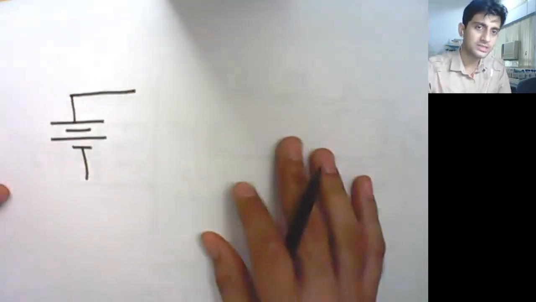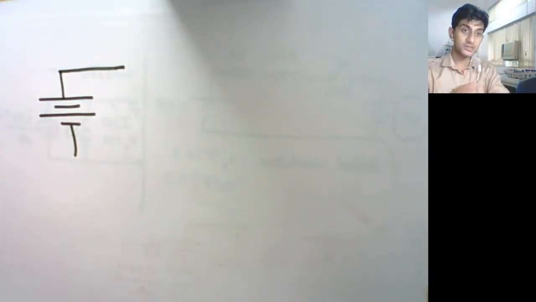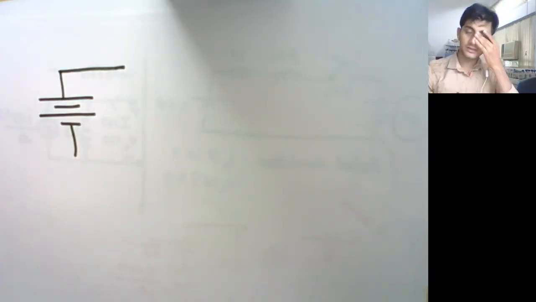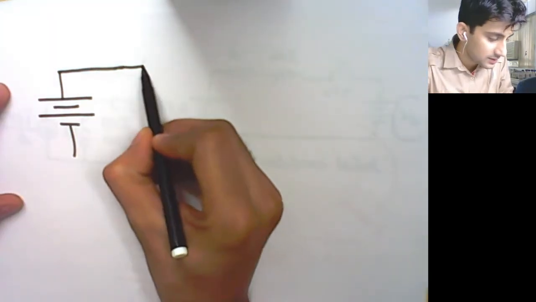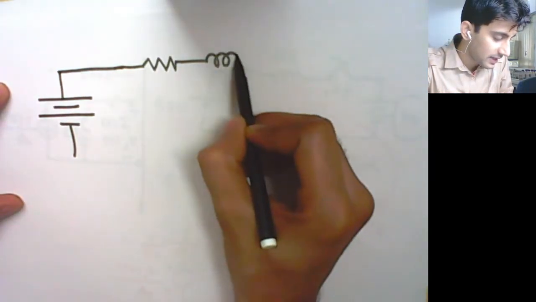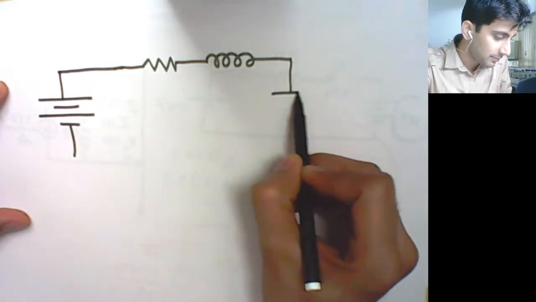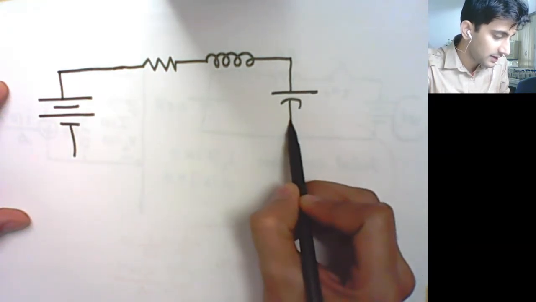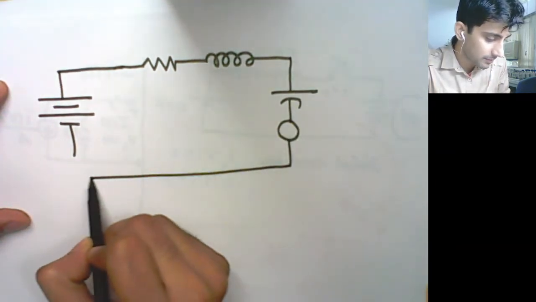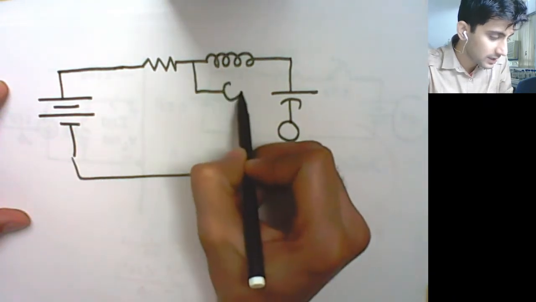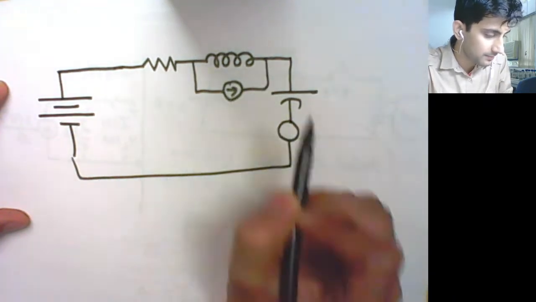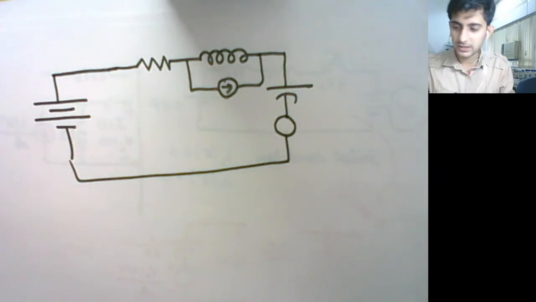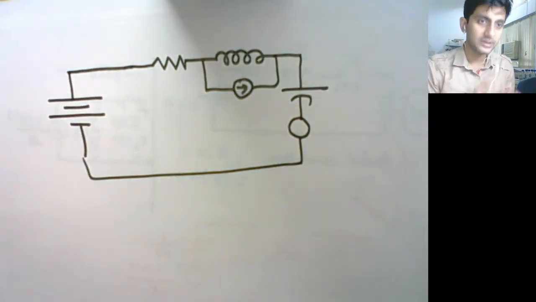I can now just omit this switch, because of that switch all the transformation has occurred. So I have a resistance, an inductance, a capacitance, and a voltage source across the capacitance, and there is a current source across the inductance as well. This becomes the actual circuit with initial conditions.